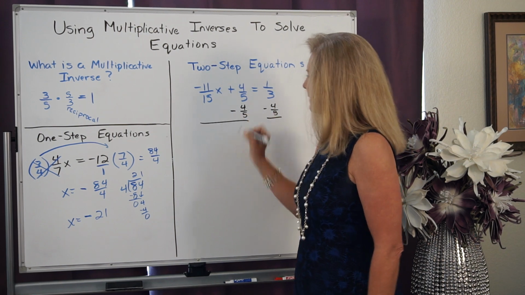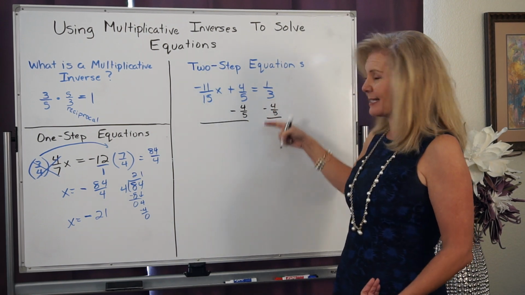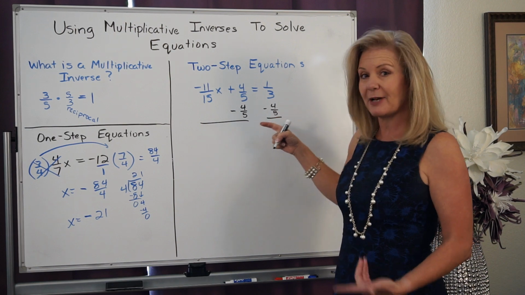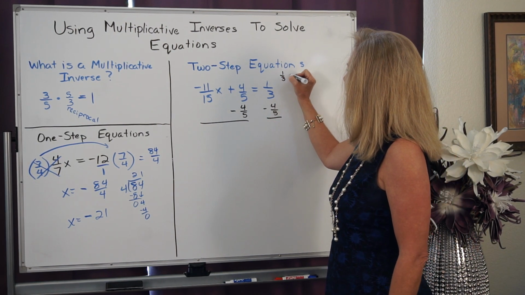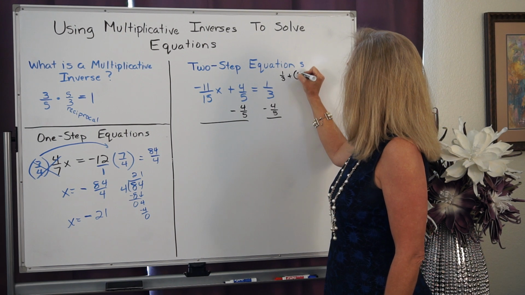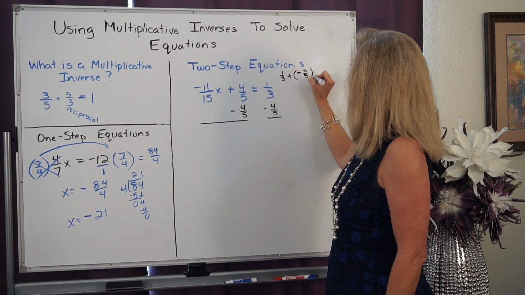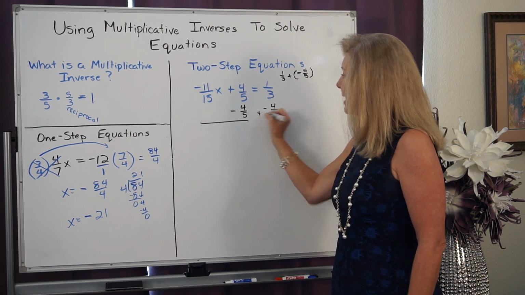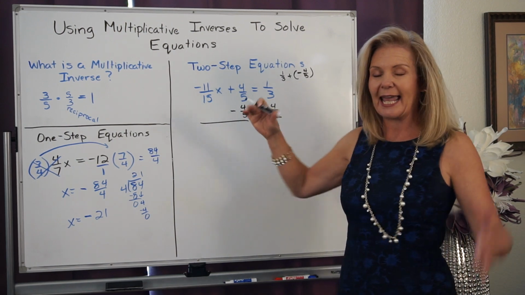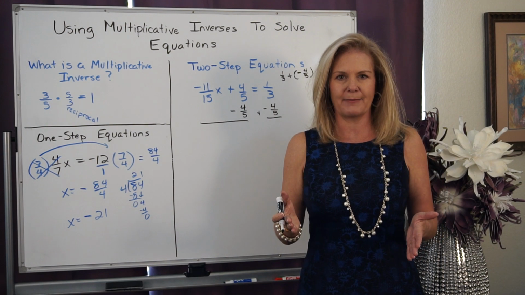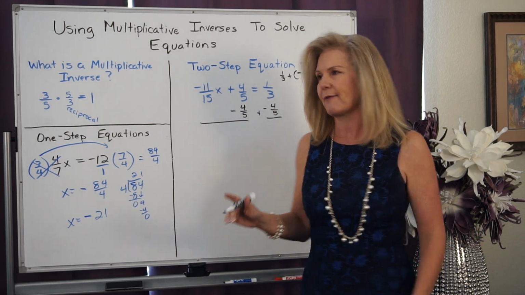Now, this is a subtraction problem. I might want to change it to plus the opposite. So I'm going to rewrite this as 1/3 plus a -4/5. Okay, so when I do that, I can see I don't have common denominators, and I have to have common denominators in order to add or subtract fractions.